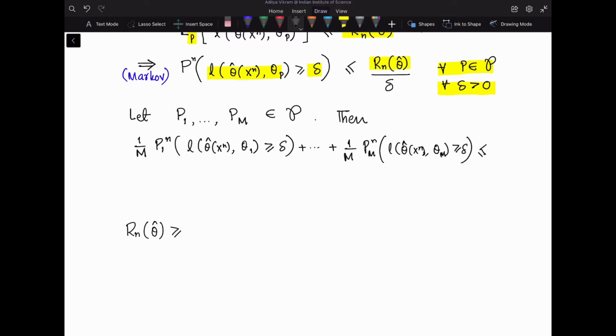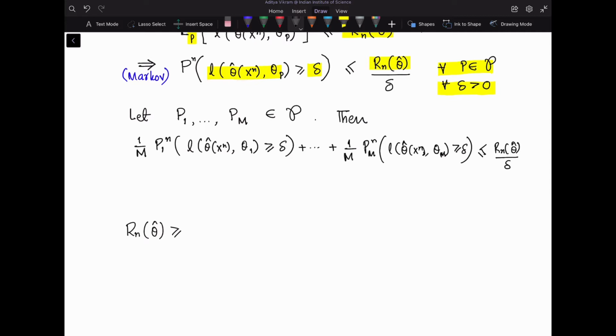Okay, this is upper bounded by Rn theta hat by delta. Why is this? Because it holds for P1, it holds for P2, it holds for Pm. And so if you take the average of all those, it will still hold this upper bound of Rn theta hat by delta.